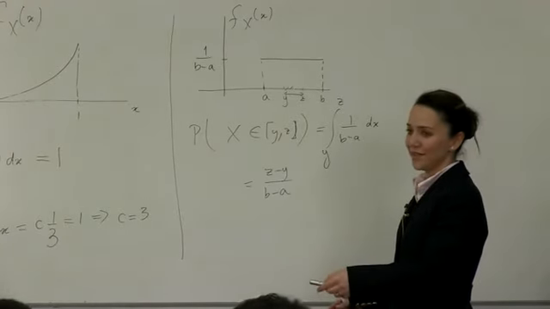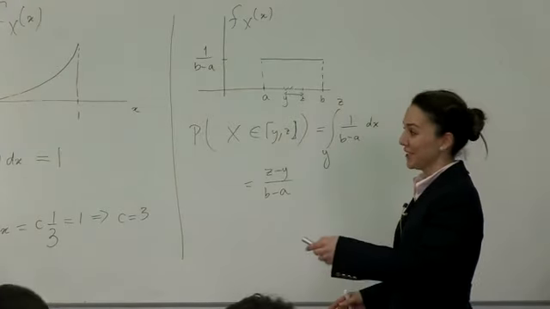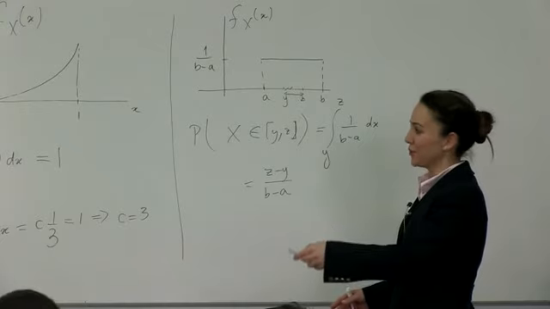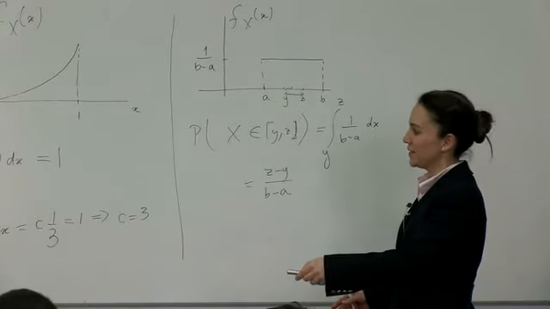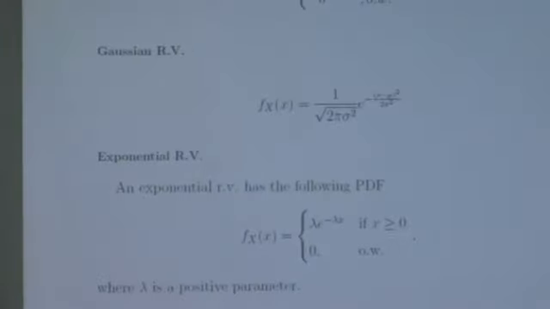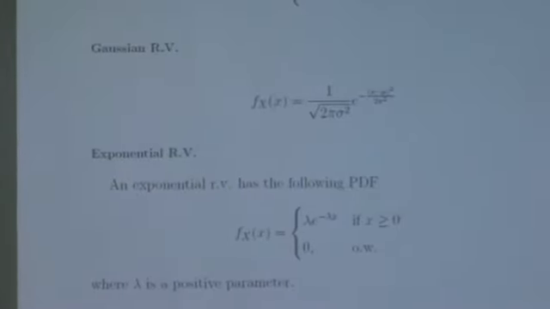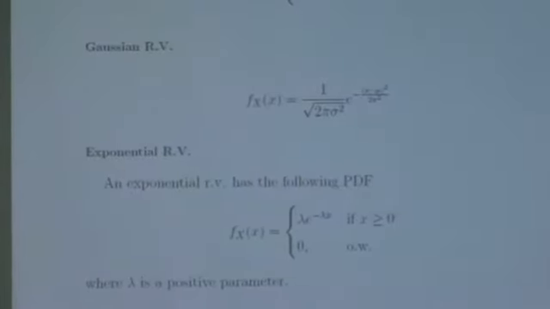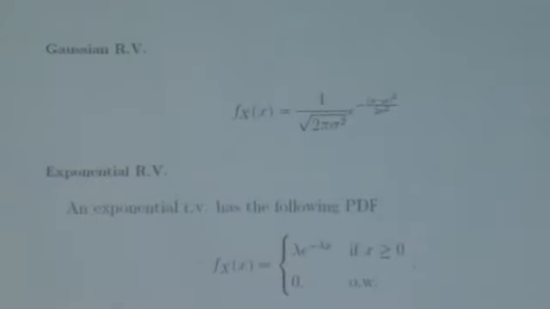The Gaussian. Okay, there's a big transition from the uniform to the Gaussian. So brace yourself. Okay? This is the Gaussian. Now, the Gaussian is one of the most common distributions in life, in engineering, and in other fields.